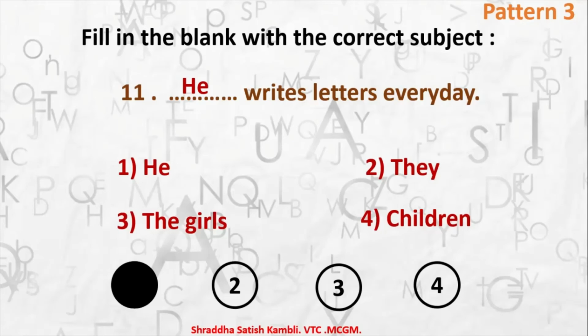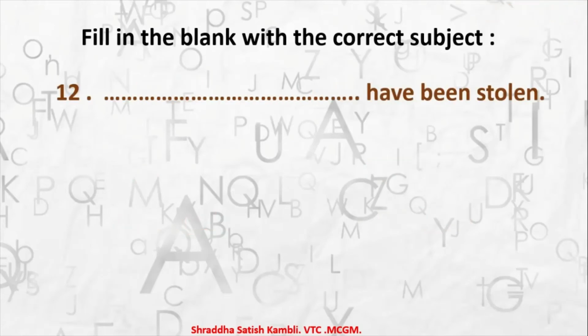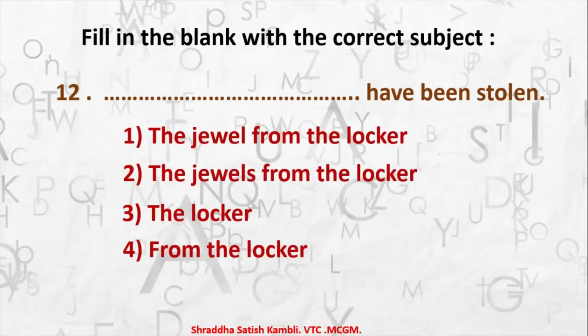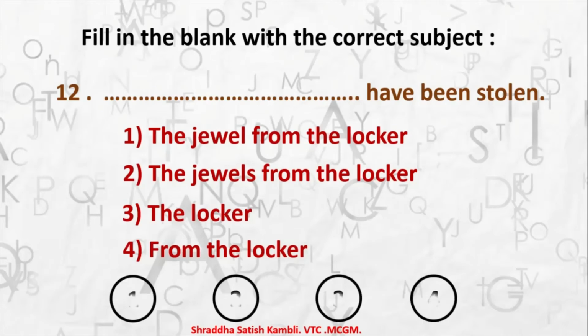Let's go to the next example now, example number 12 in the video. Dash have been stolen. So which one could be the subject? The jewel from the locker have been stolen? The jewels from the locker have been stolen? The locker have been stolen? From the locker have been stolen? Which one do you think is the right answer? Yes, it is the second option.